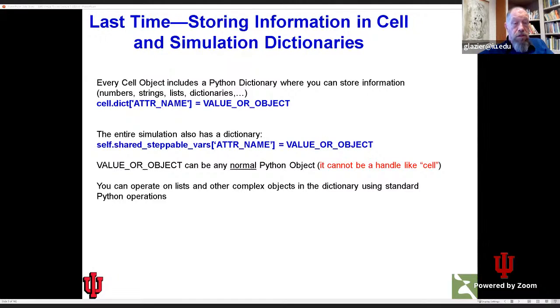Another thing that we'll run into starting today is that when you have multiple steppables, you have to get information between steppables. One way to do that is to use globals, which are not widely encouraged in programming these days. And so there is a shared dictionary, which probably should be called something like simulation.dict rather than shared_steppable_vars.